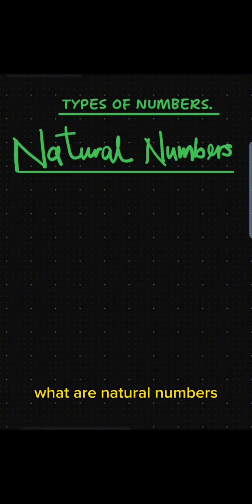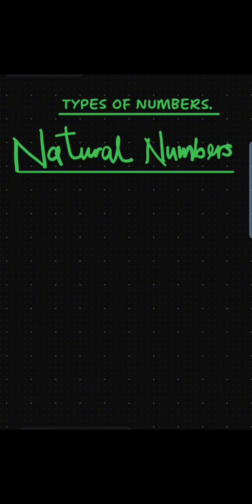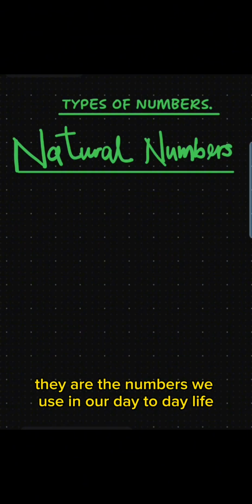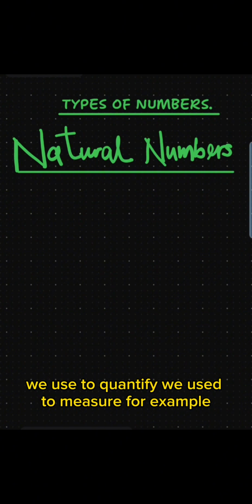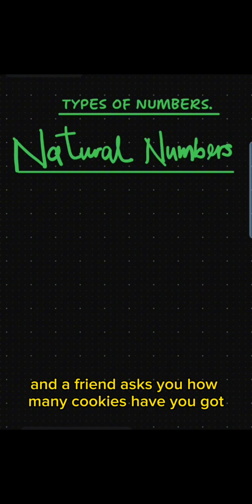Now, natural numbers are whole numbers, okay? And they are counting numbers. They are the numbers we use in our day-to-day life. We use them to quantify. We use them to measure. For example, if you have a number of cookies right now, and a friend asks you, how many cookies have you got?